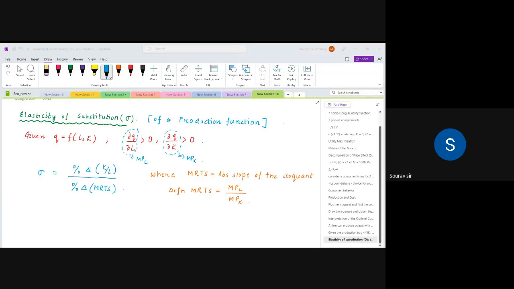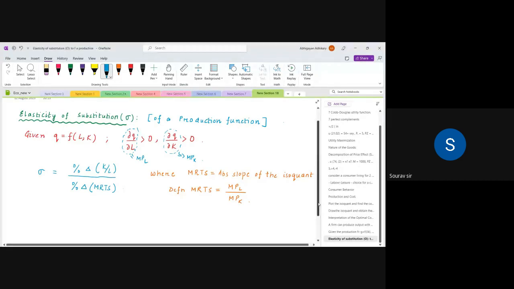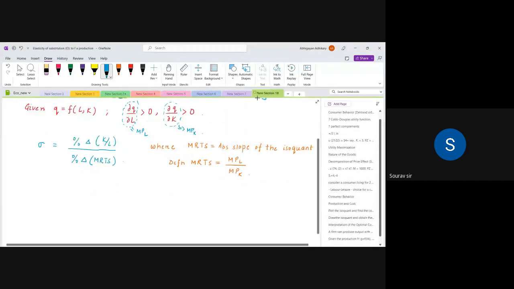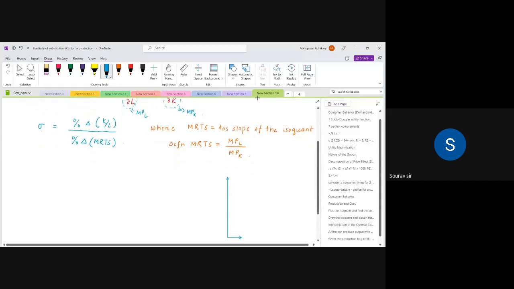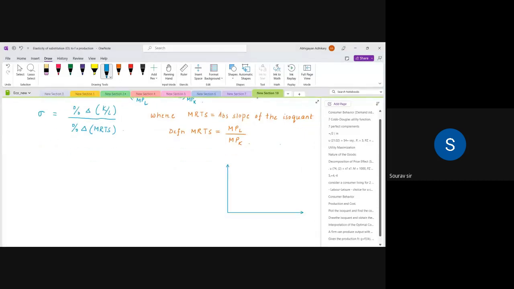Intuitively, if I am drawing a particular isoquant, in a small diagram like this, I will be taking labor on the horizontal axis and capital on the vertical axis. I will fix a level of output and draw the isoquant. So the MRTS is basically the slope of the tangent at a point.